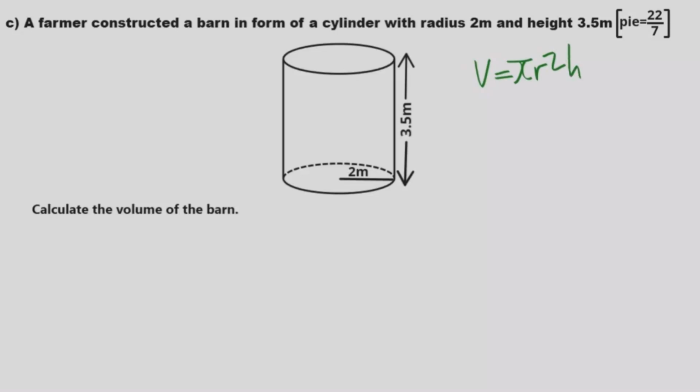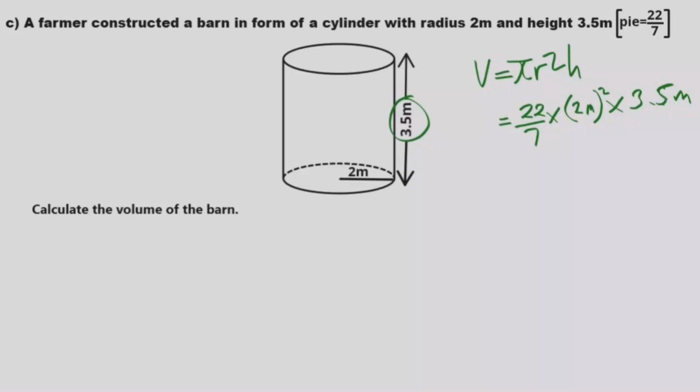Okay, so when we start, we are told that we take pi to be 22 over 7 times, then radius we are told is 2 meters, so we say open brackets 2 meters close bracket squared, then times the height, which is 3.5 meters.